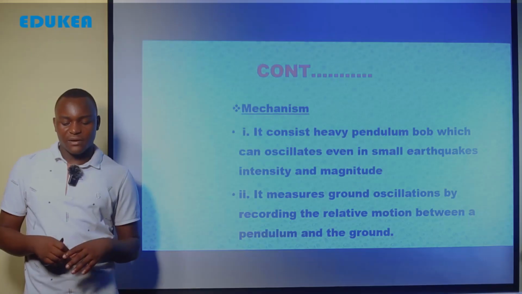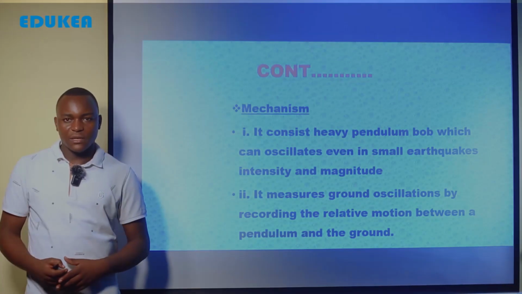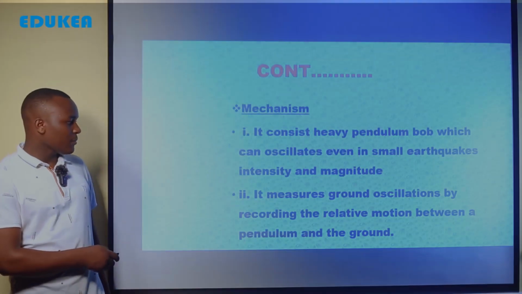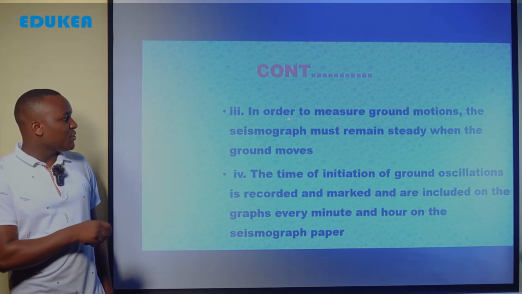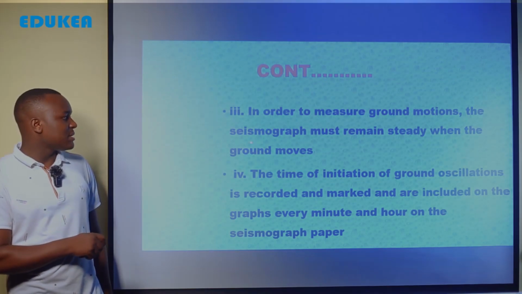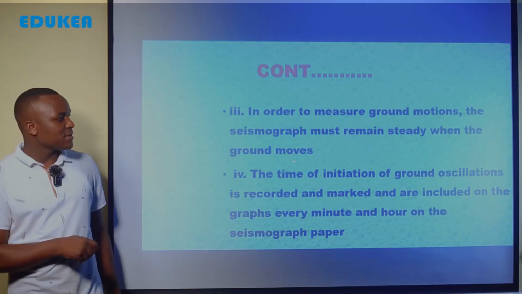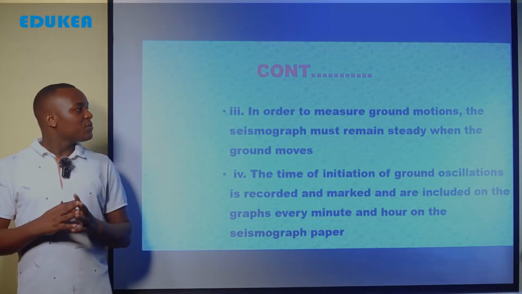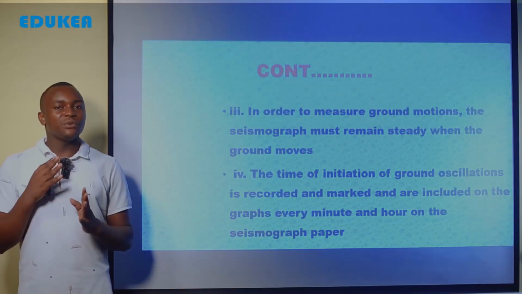Or ground oscillation. But also we say in order to measure the ground motion, the seismograph must remain steady when the ground moves. So in order to measure the ground motion, the seismograph should remain steady when the ground moves.